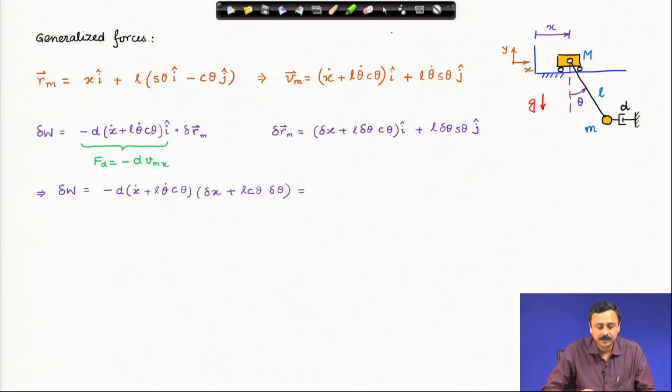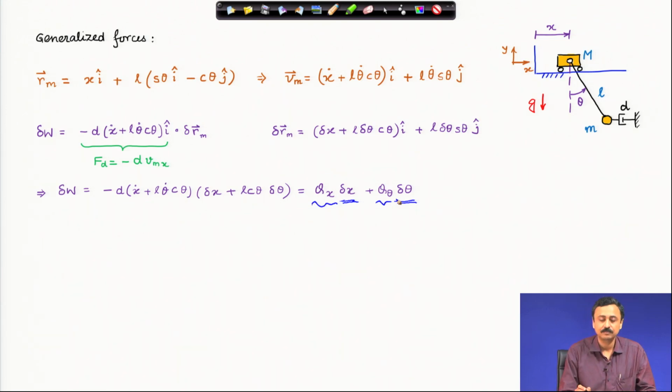And when I do that, I get this expression, and this must be written in terms of, one part, delta x. This contribution is from the virtual displacement in the horizontal direction, one generalized coordinate, and this is the other generalized coordinate, the angle of the pendulum, and we have these coefficients which are then the generalized forces corresponding to those generalized coordinates.